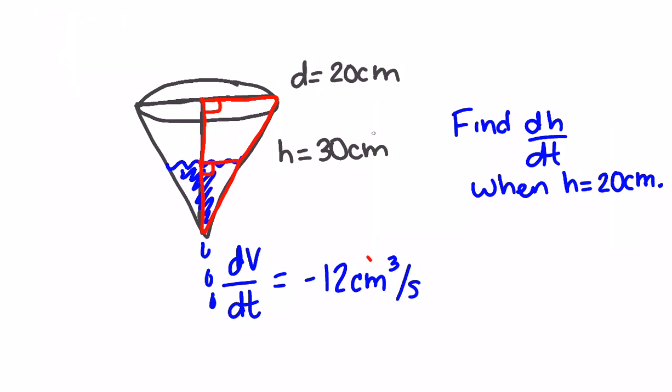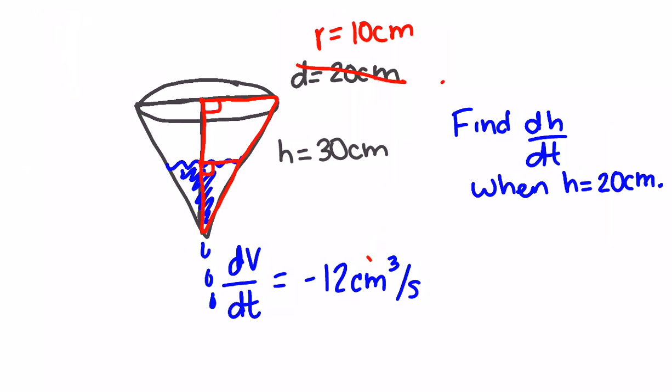The height of the whole thing is 30 centimeters. The diameter of the whole thing is 20 centimeters, which means that the radius of the whole thing is 10 centimeters. If you notice, the height here is 3 times the radius. The height is 3 times the radius.